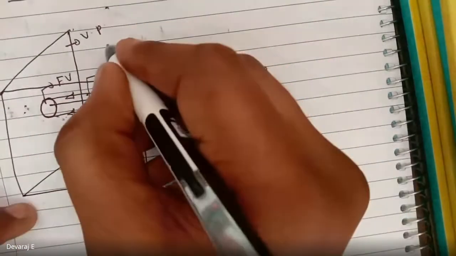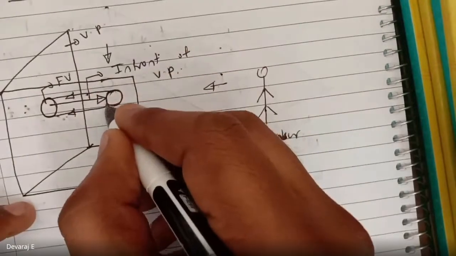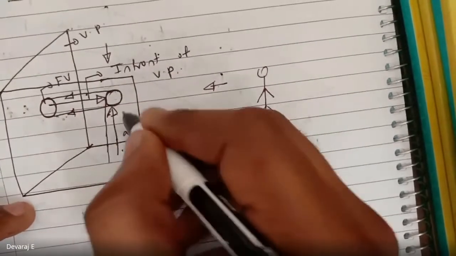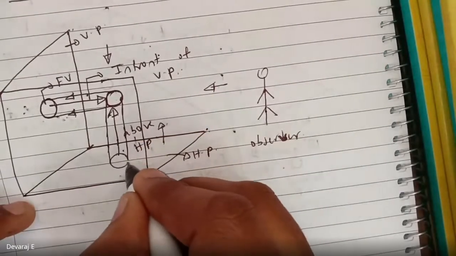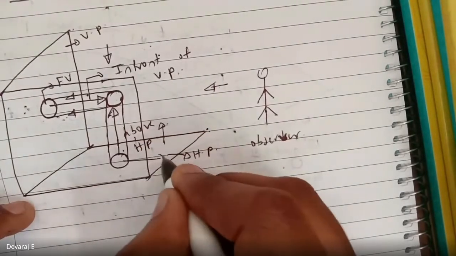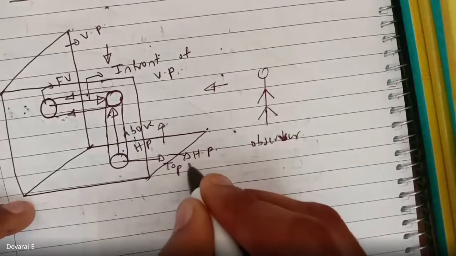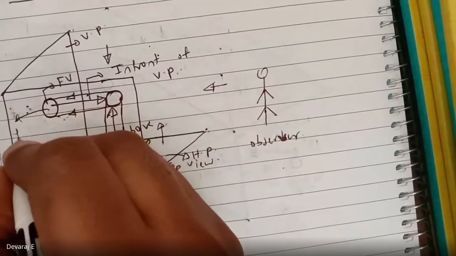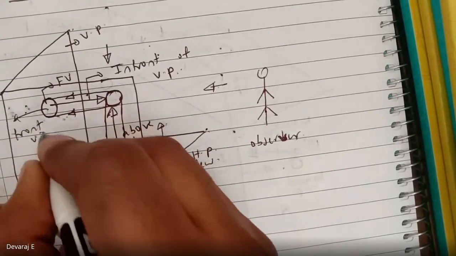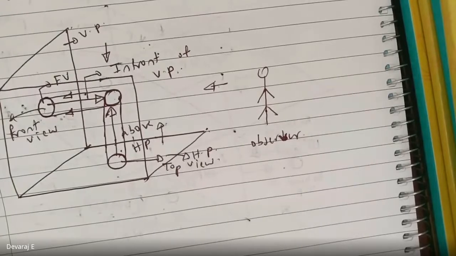Similarly, when I see from the top, the projectors will fall on the HP and it will look like this. This is called the top view. Front view and top view.